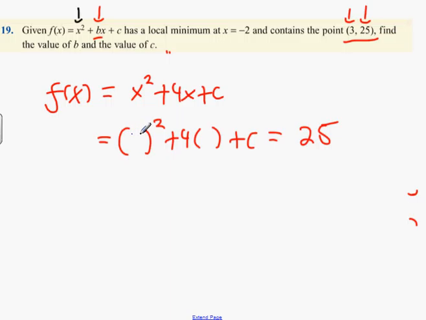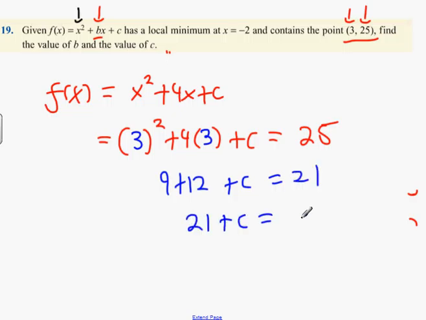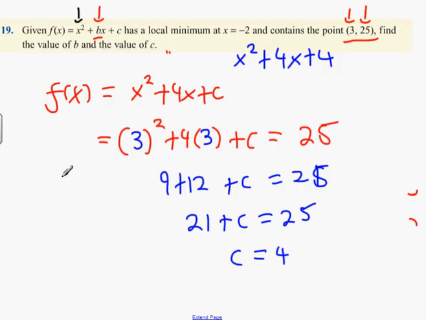So put in 3 here, 9 plus 12, 21. 21 plus c is 25, sorry. c therefore is 4. So it's going to be x squared plus 4x plus 4, because b equals 4 and c equals 4.